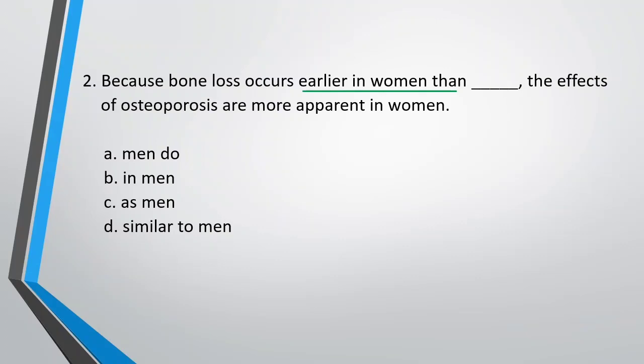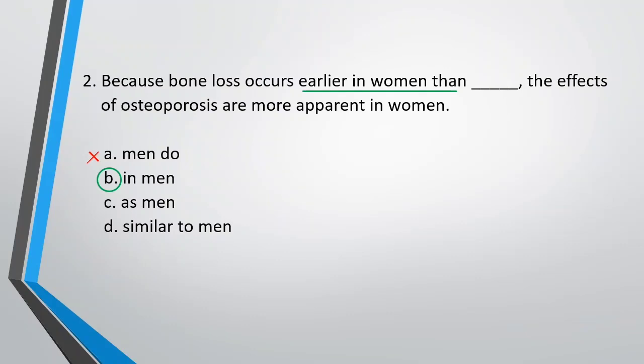Let's check the answer. A. Men do. Incorrect, because the structure is not the same. B. In men. The correct answer, because the comparison earlier is followed by a phrase, in women. So, the correct parallel structure is in men.